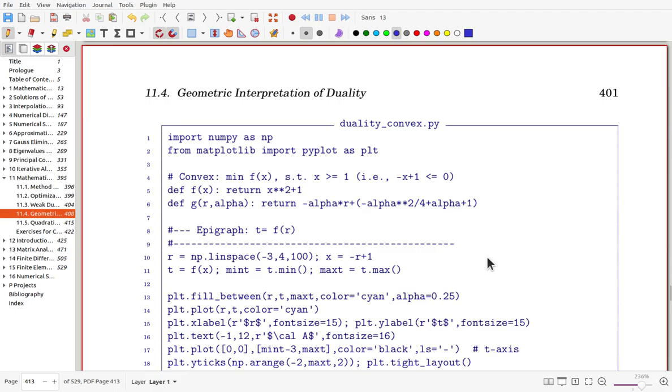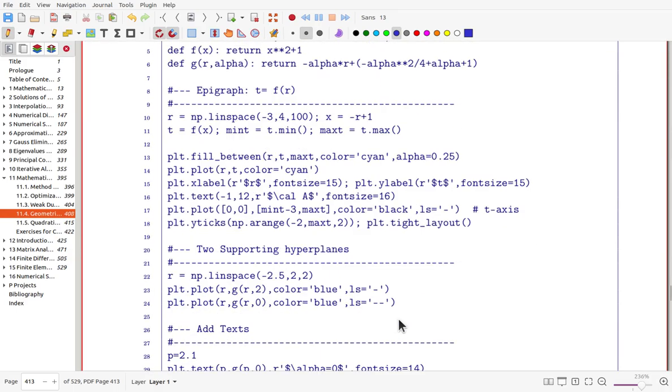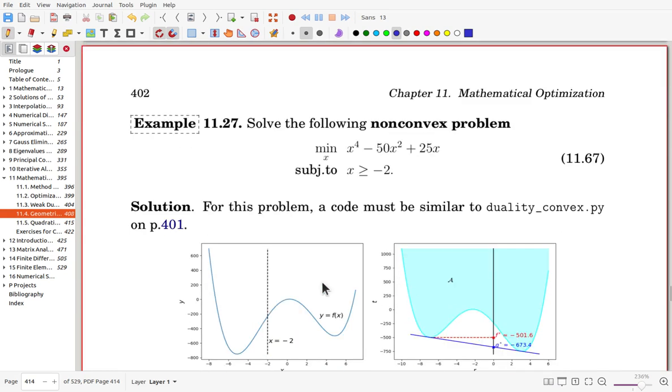This is code for figuring, and most of the part is for figuring. So this one made the figure you saw. Now we'll go to another example, a non-convex problem. So we try to minimize this fourth order polynomial subject to x larger than or equal to minus 2.